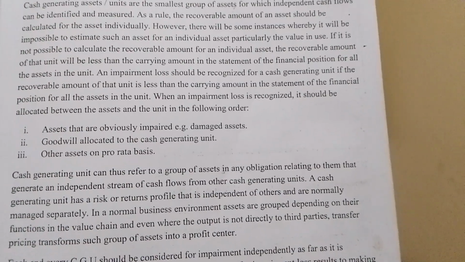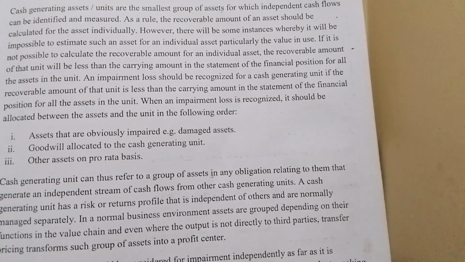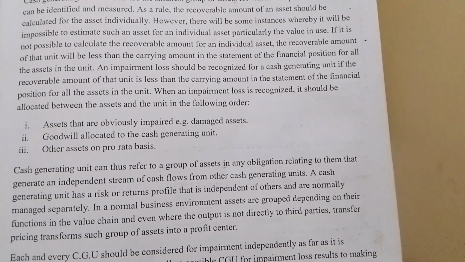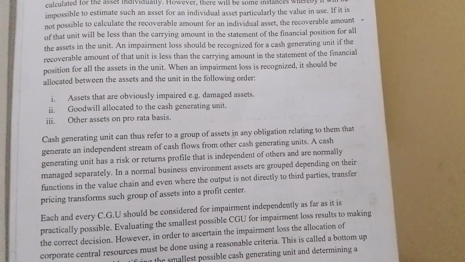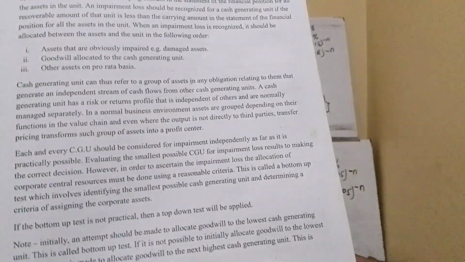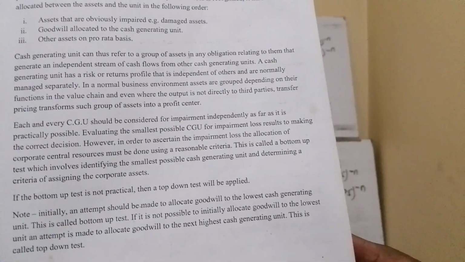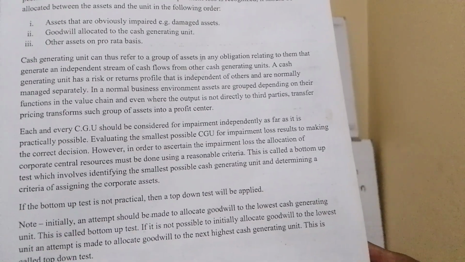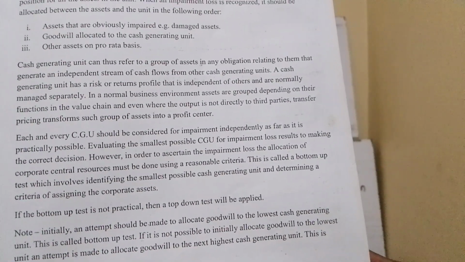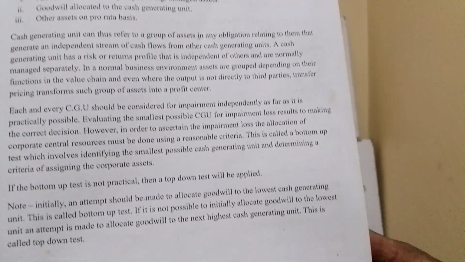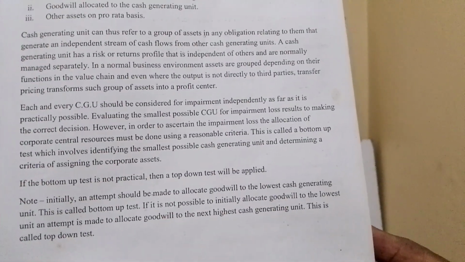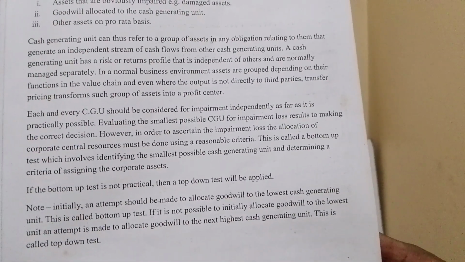Number two, goodwill allocated to the cash generating unit. And number three, other assets on a pro rata basis. So go through those notes on cash generating units. You just pause your video and read what I have presented to you.